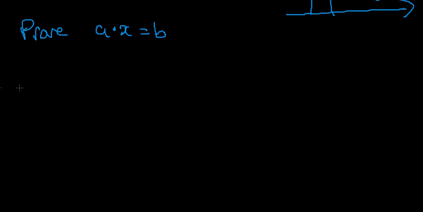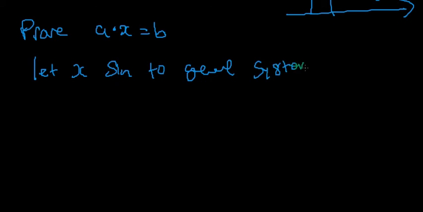So we're going to let x be the solution to a general system. And a general system was defined by A dot x equals B. Nothing confusing there.